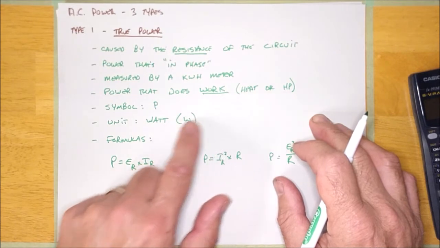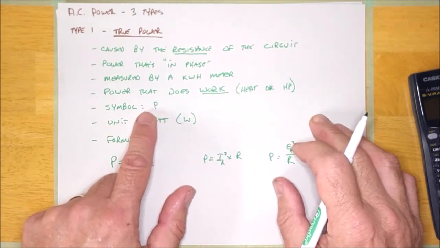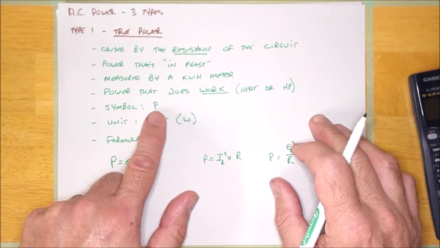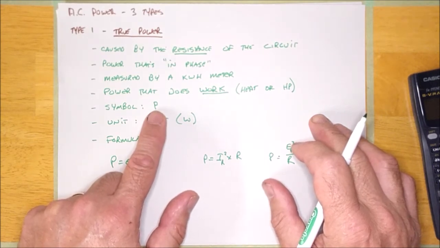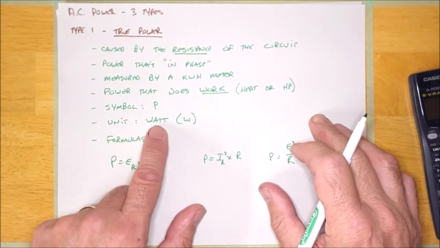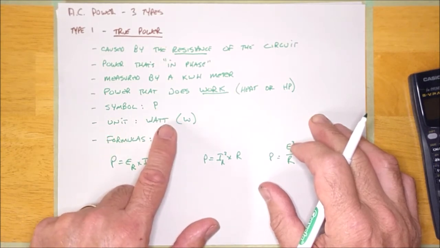The symbol for true power is P, the same symbol that you used in level 1, and that's because there were only resistors in level 1. So all your power was true power. The unit is the same one you learned in level 1, the watt.